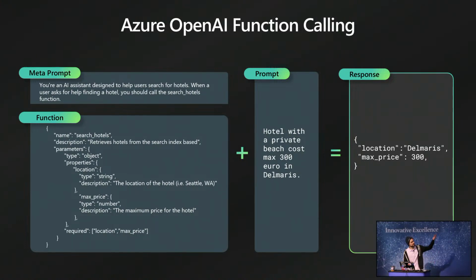So here you'll see: you're an AI assistant designed to help users search for hotels. When a user asks for finding a hotel, you should call the search hotels function. Below is a description or a schema for that. And what it would do is take "I want a hotel with a private beach, cost 300 euro max, and in Damaris," and produce location Damaris, max price 300. You could imagine that there's an API on the other side that consumes that request and provides a response, which can then be fed back into the LLM to produce a nice natural language answer.